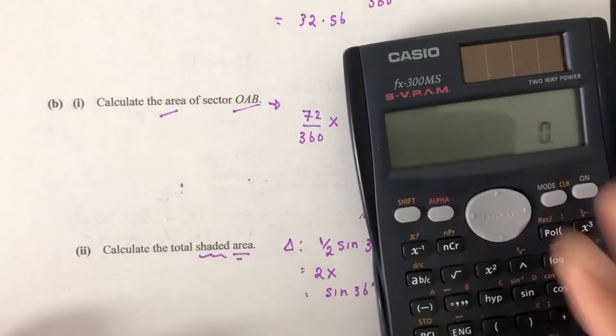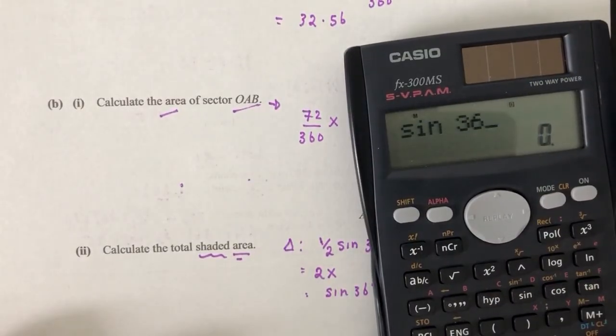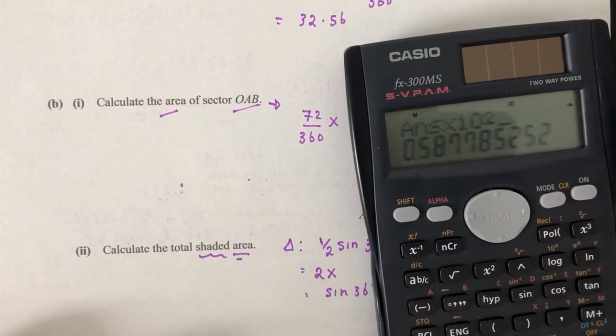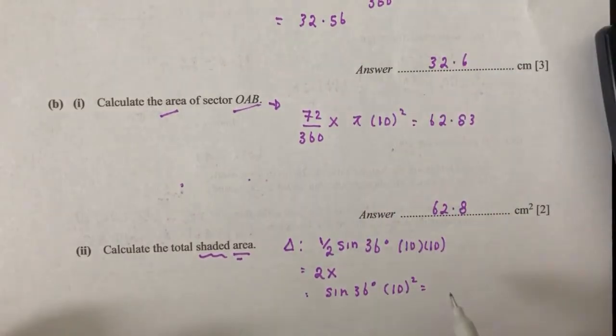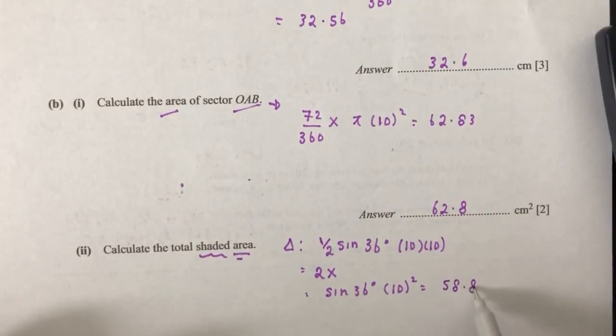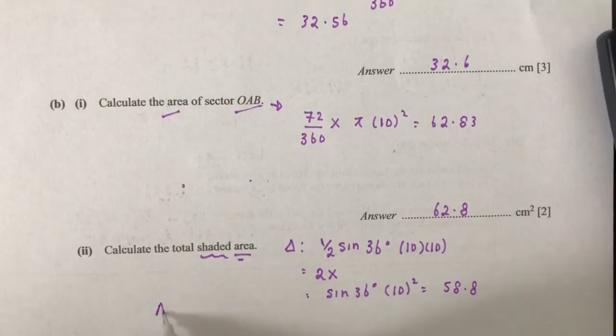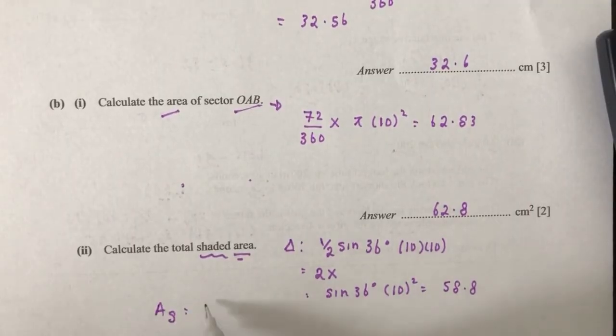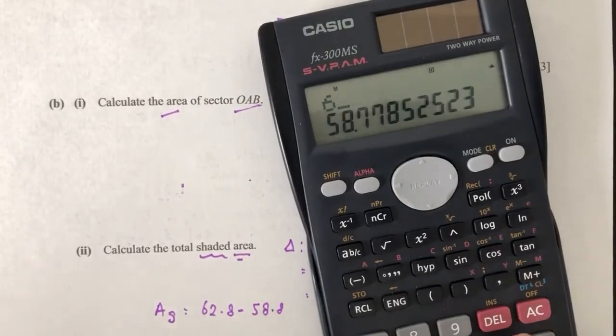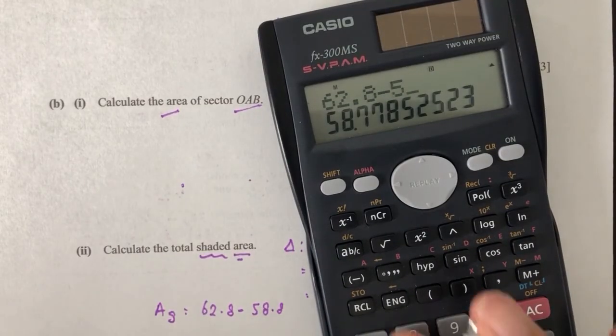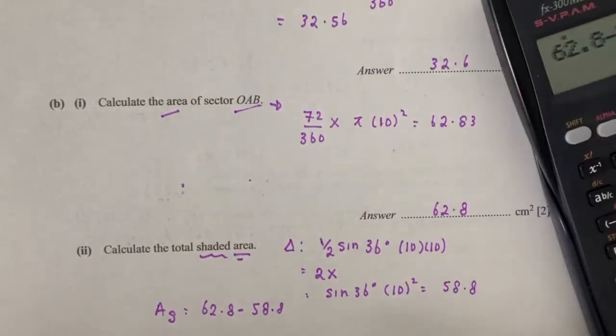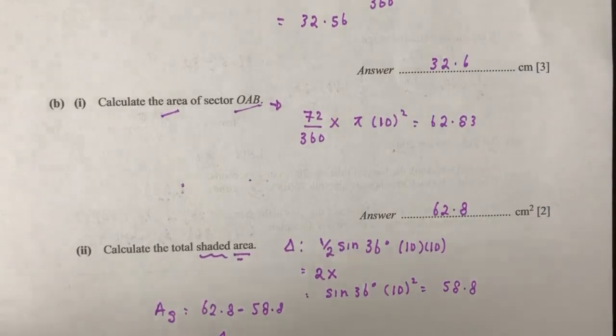Let's find out: sine of 36 times 10 squared is 58.77, so 58.8. So the area of the shaded region will become 62.8 minus 58.8. That will be 4 centimeters squared.